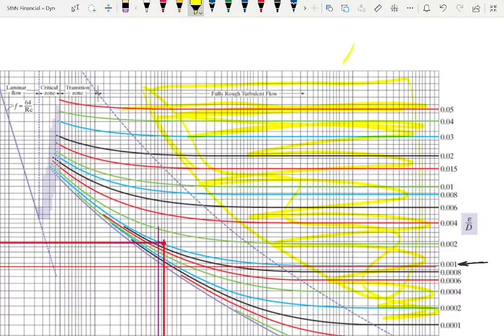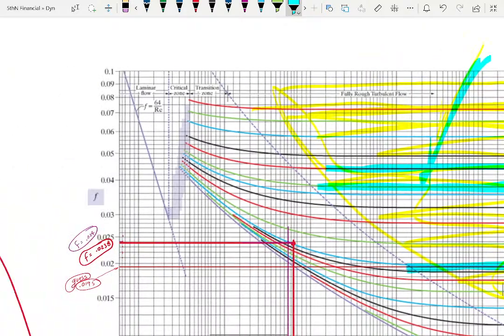So I'm going to use an educated guess, and I'm going to basically guess using the flat line here for whatever E over D. No, I was down here. I'm using that. If I had 0.01, I'd use this one. And then that would give me my first F. And then I'd go find the V, and then I'd use the Moody diagram from there.